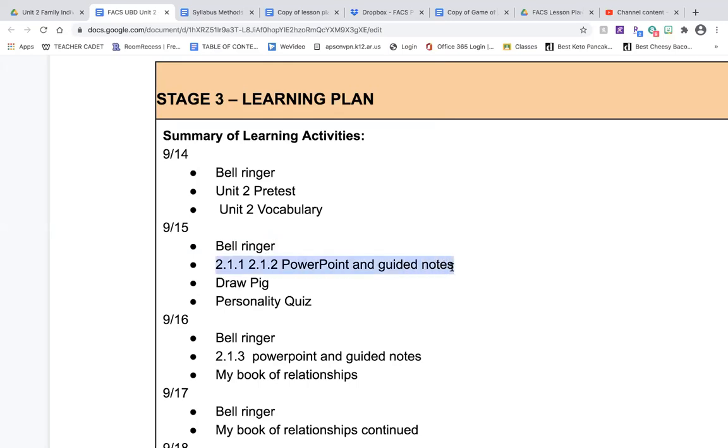Whatever this standard number is, I plan to have the PowerPoint for that up, and I would lecture over that, and students would take some notes. I'm just doing 2 standards because we're not going to overwhelm them, so keep it to 2 or 3 standards.